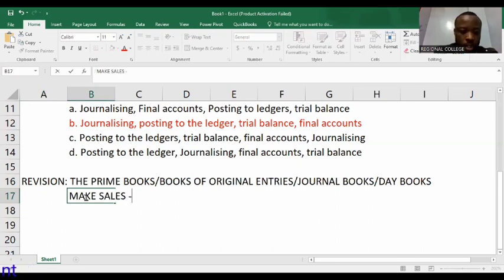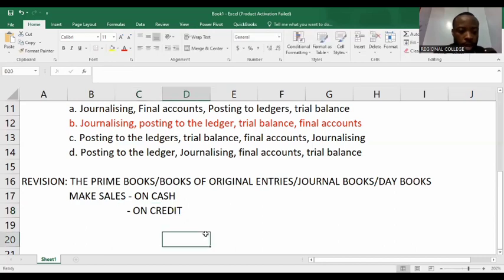The first one is on cash. That means the customer buys, pays, and goes. The second one means you can make sales on credit. That means the customer buys and will pay later.